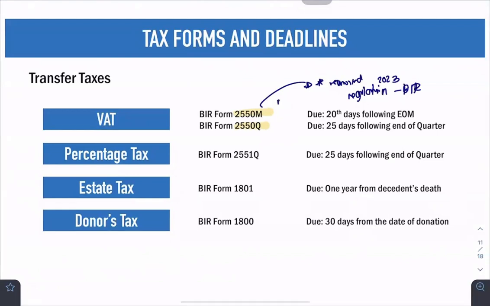No. So 2550M is not required, but you are encouraged by the BIR to file a monthly return. Percentage tax is 2551Q. For estate tax, we have here 1801 and donor's tax is 1800. And I know you already know the different deadlines of these transfer taxes.